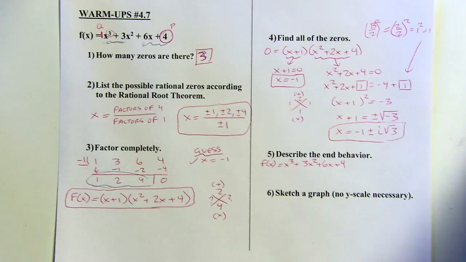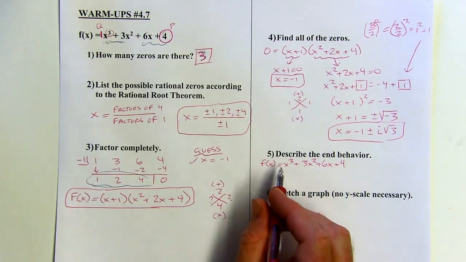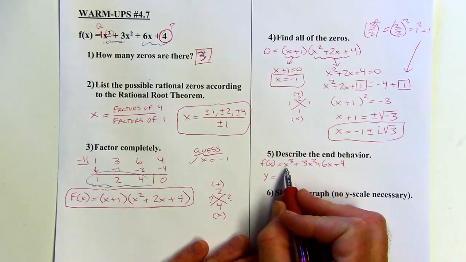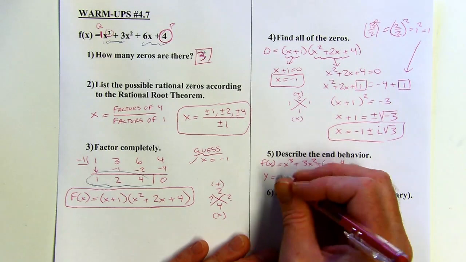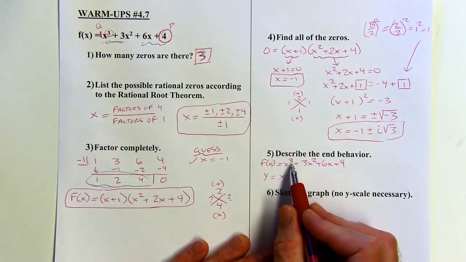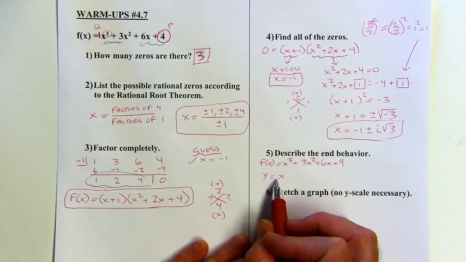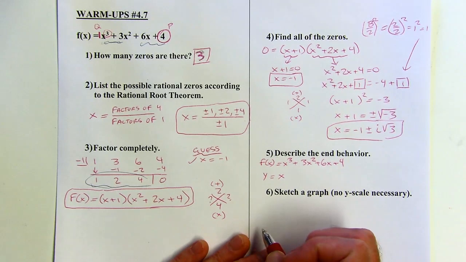So I want the simplest possible equation that has a positive leading coefficient, like this does. So I could use 1 as my leading coefficient, and I want it to have an odd degree. And so this has those same attributes, positive leading coefficient, odd degree, because it's raised to the first, okay?